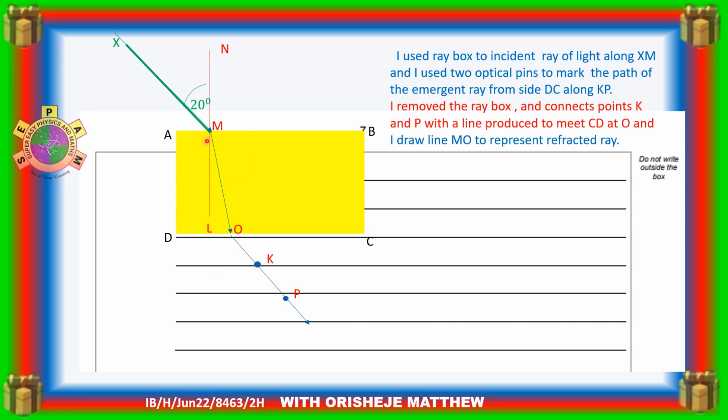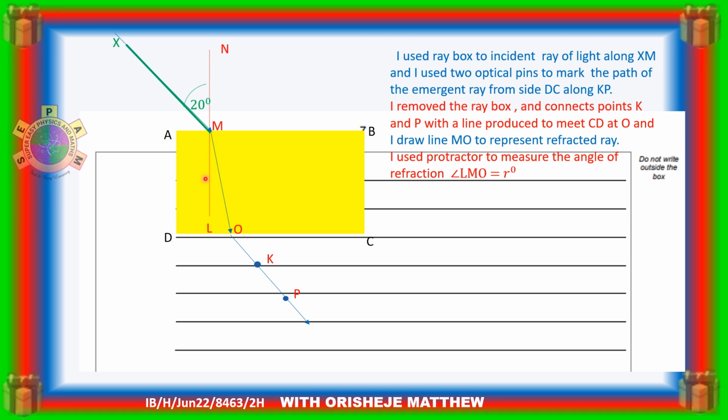Then after that, you now have your angle of refraction, which is angle OML. So you can now use your protractor to measure the size of this angle, which is the angle of refraction, R, angle LMO.